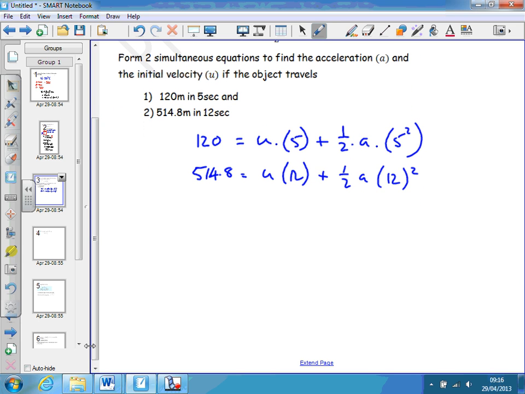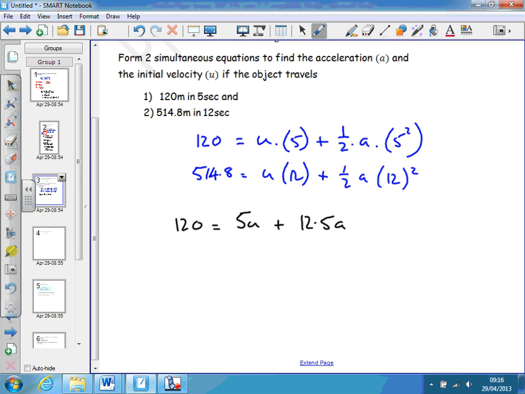We can say, for equation number 1, 120 equals, well, we used to put in the number first, so I'd write it as 5u plus 25. 5 squared is 25, a half of 25 is 12 and a half, 12.5a.